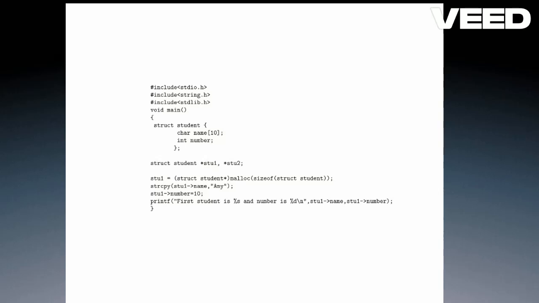In all situations like this, this is the single most important mistake that beginning programmers make. Once you write this line, your stu1 and stu2 don't really exist yet. So what I have to do now is allocate space for this.